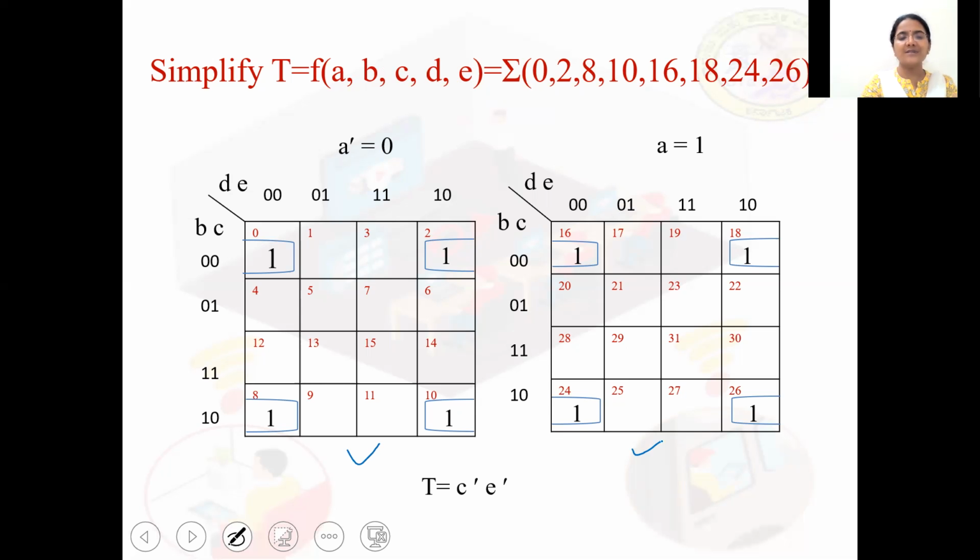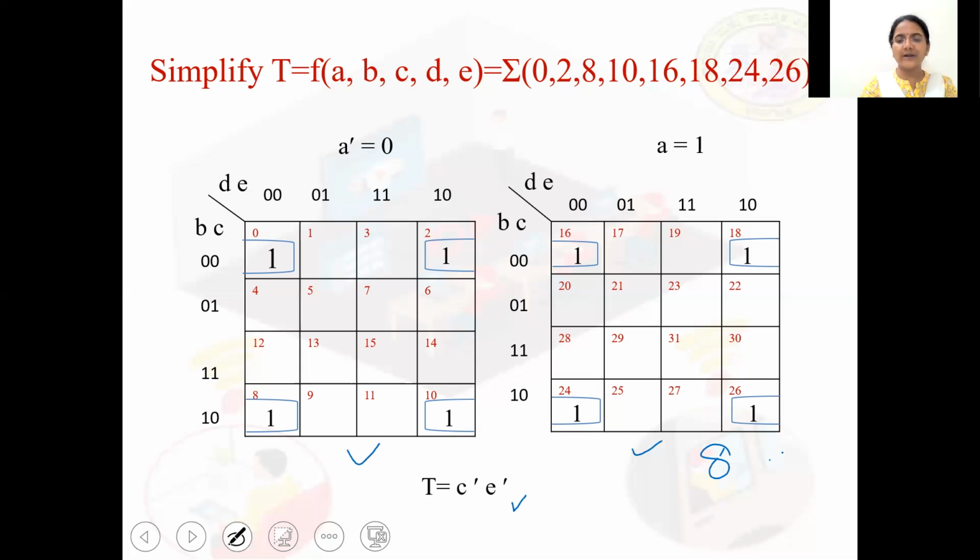Then the columns are logically adjacent. So 0, 2, 8, 10, 16, 18, 24, 26 are all adjacent, and it forms an octet.